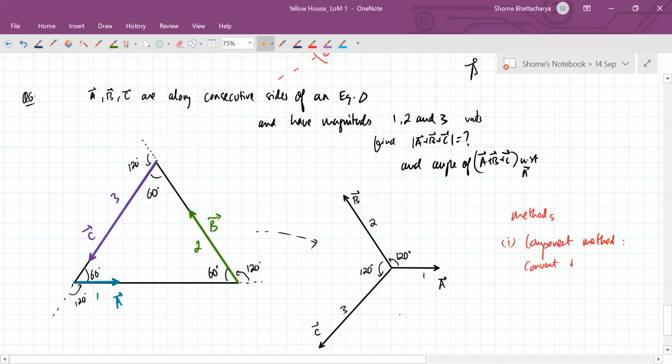So try this. Or two, geometrically. So basically add the arrows head to tail.